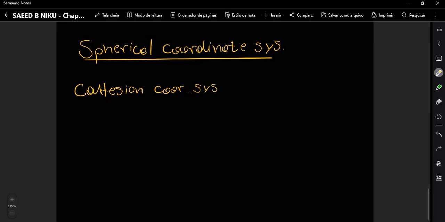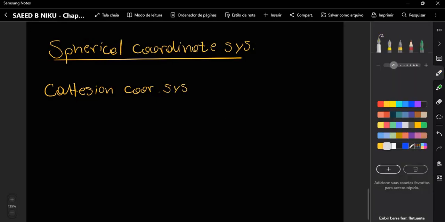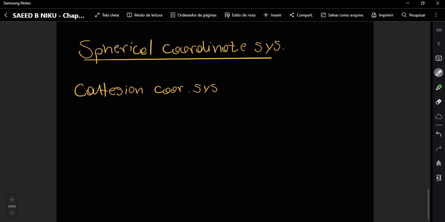Something we have to keep in mind is that when we are referring to the Cartesian coordinate system, we do three transformations of translation.